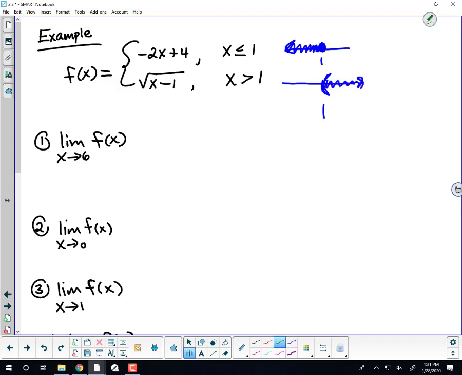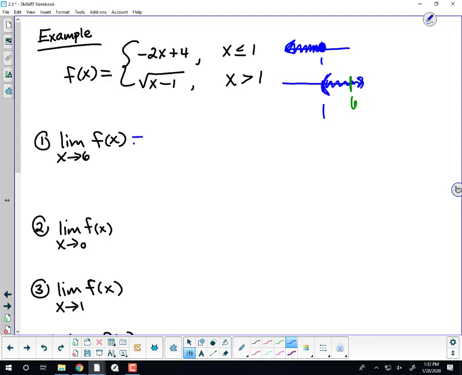If I'm asked to compute the limit as x approaches 6, 6 is completely contained within that bottom interval. I can approach it from both directions, and I don't have to worry about one-sided limits. Does everybody agree? Based off of this picture, hopefully it's super clear.